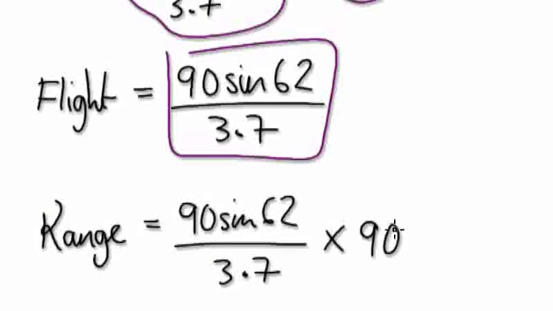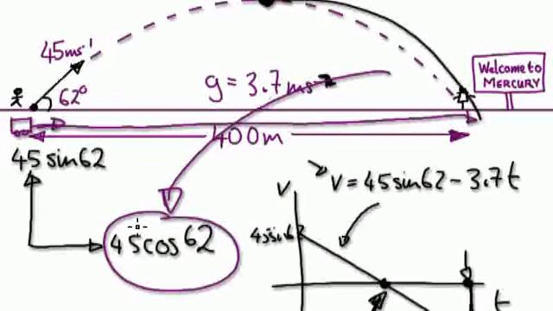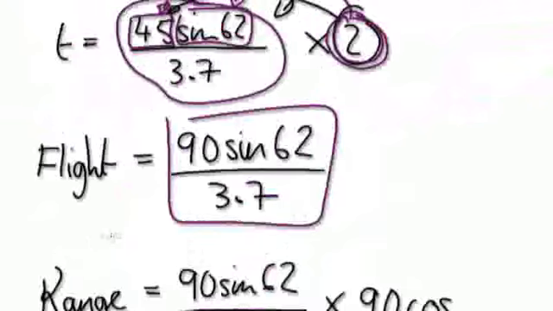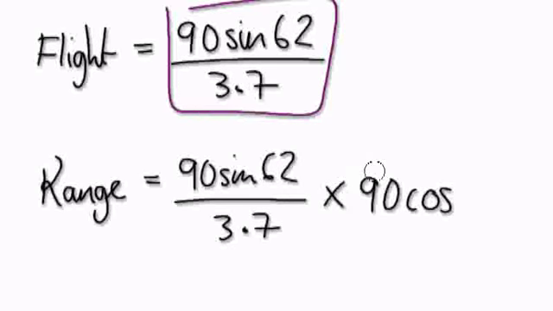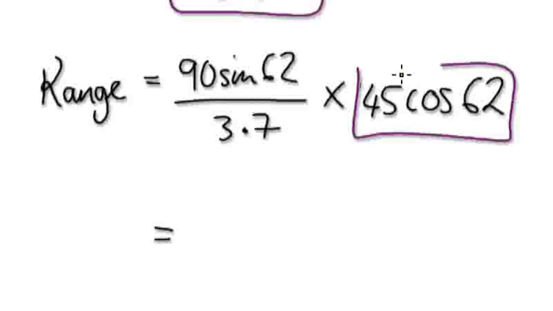So that was 90 cos 60. Was it 90 cos 6? No, it's 45 cos 62. Sorry. Okay, so now this is multiplying a fraction, so multiply it to the top.